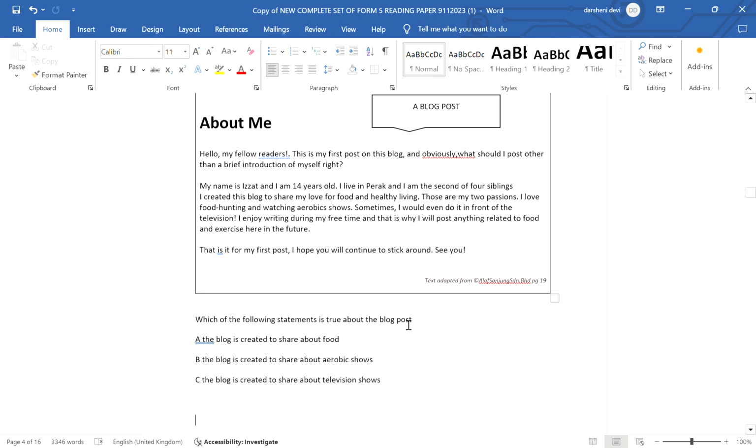Okay, question number 6 is which of the following statements is true? Okay, so the question is like what is the purpose? Okay, the statement that is true, the following statement that is true, the following statement that is not true, or the car sales report says. Okay, so these are some of the sample questions.